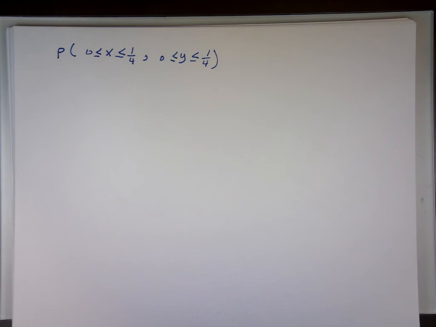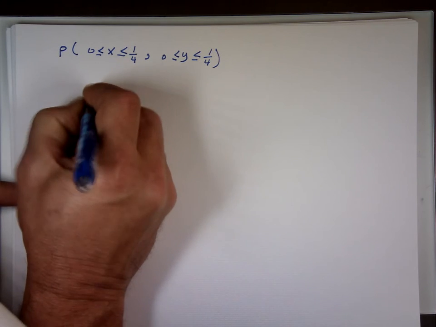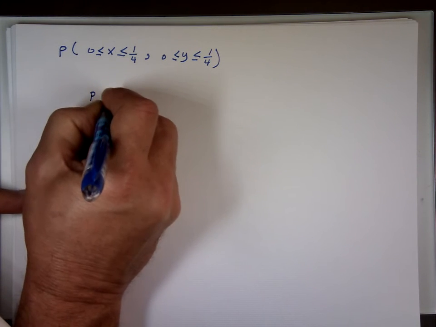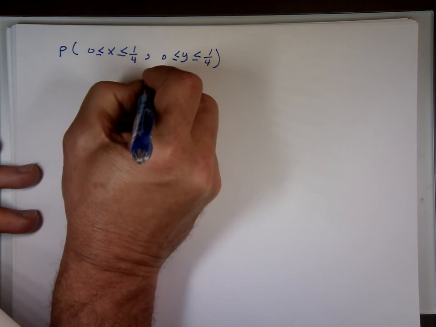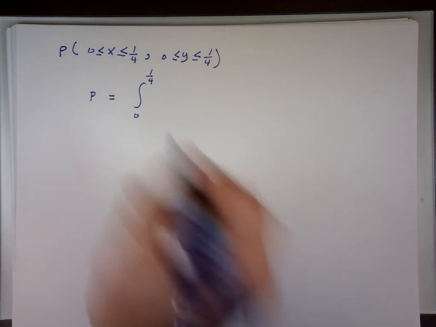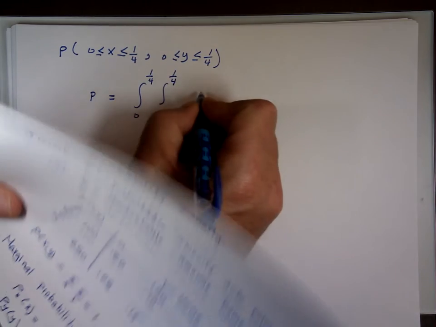Are you solving for the function equals 0.25? 0.25, correct. So that will be the probability equals the integral from 0 to 1/4, or 0.25, for both. And we said the function, now we know what k is.